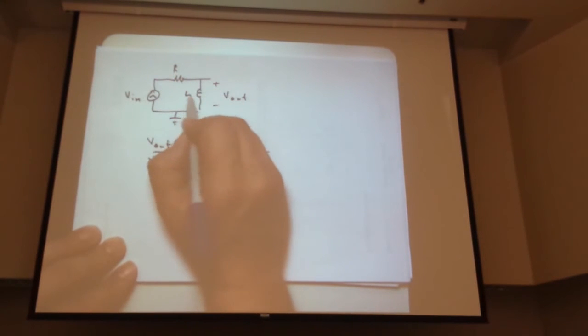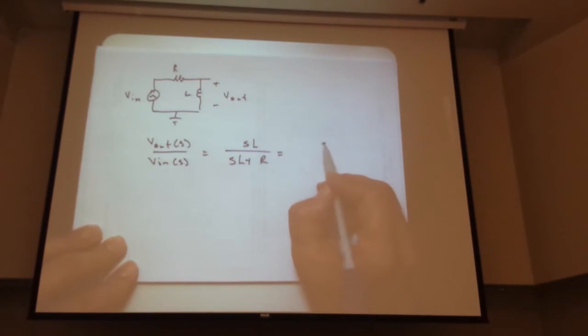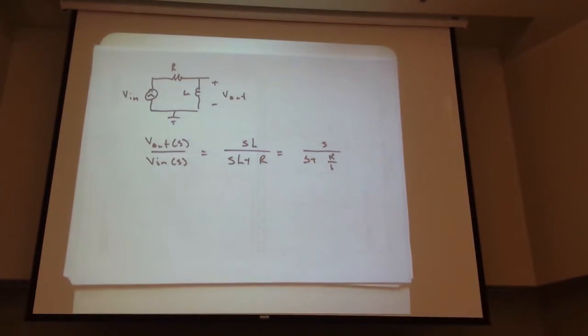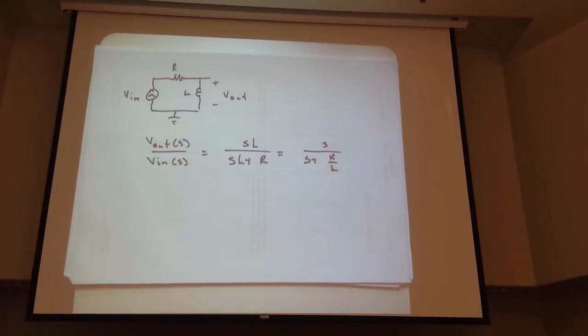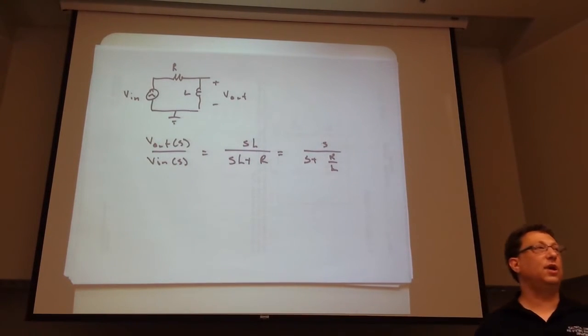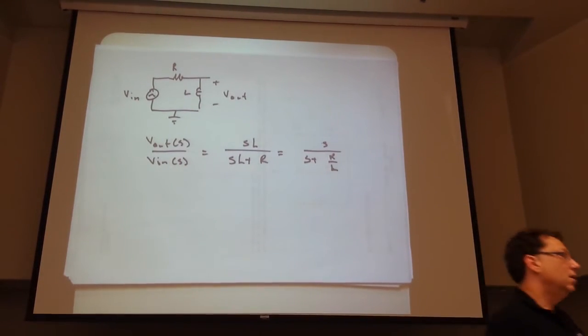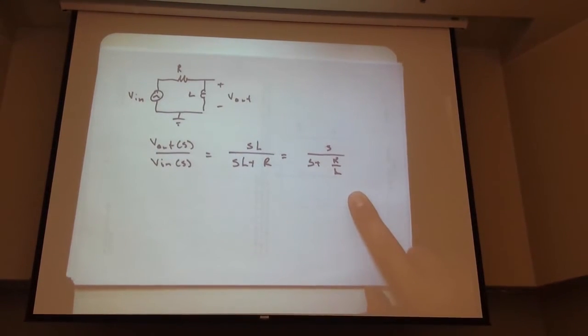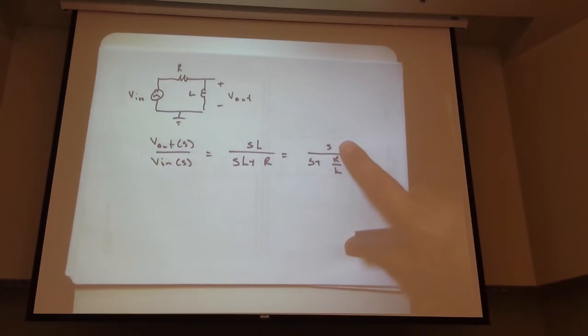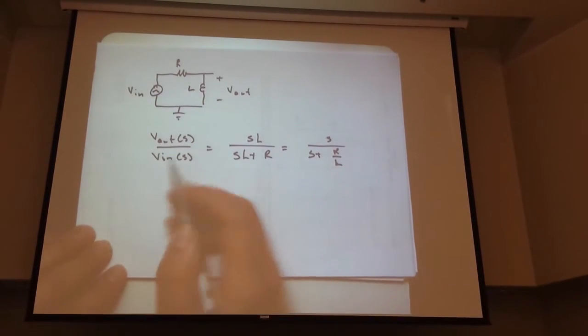R and L. And we could rewrite that as S over S plus R over L. The 0 at 0 is an artifact of where you're measuring in the circuit. Now certainly this pole is part of the design. So you design for the poles, but the fact that there's a 0 at 0, that's an artifact of the circuit.